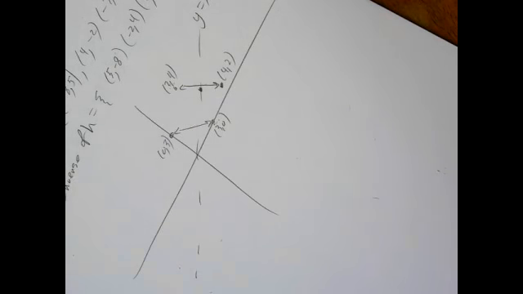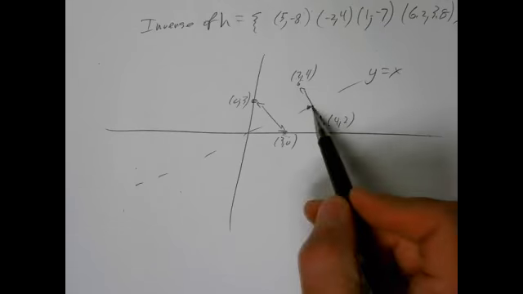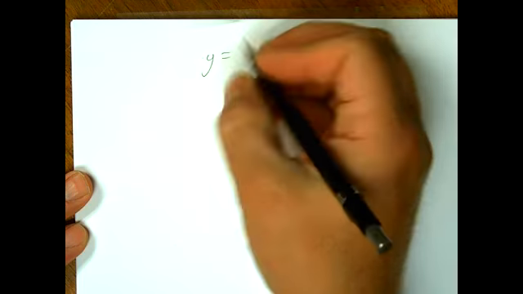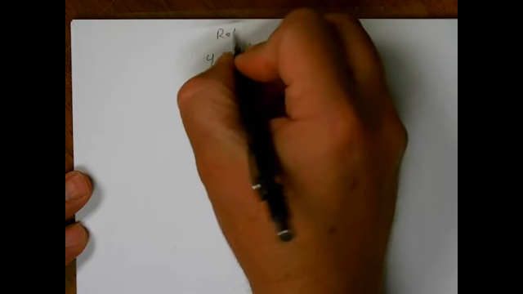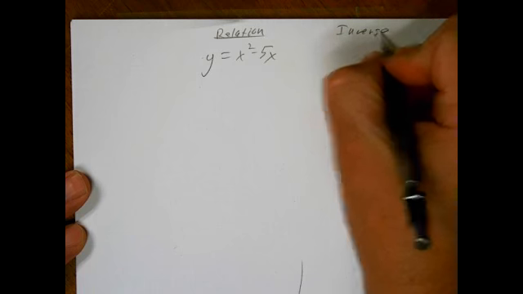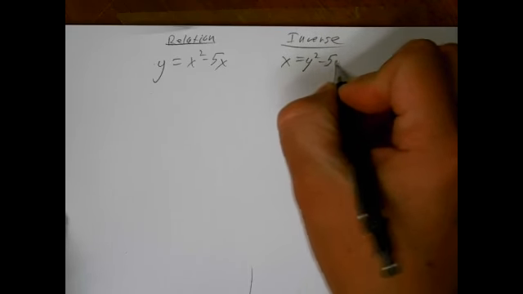That's the way it works when you're just listing ordered pairs, you switch X and Y. When you're graphing, you just switch X and Y. And if you had a relation in equation form, if I had something like y equals x squared minus 5x as the original relation, then the inverse of that relation would simply be x equals y squared minus 5y.